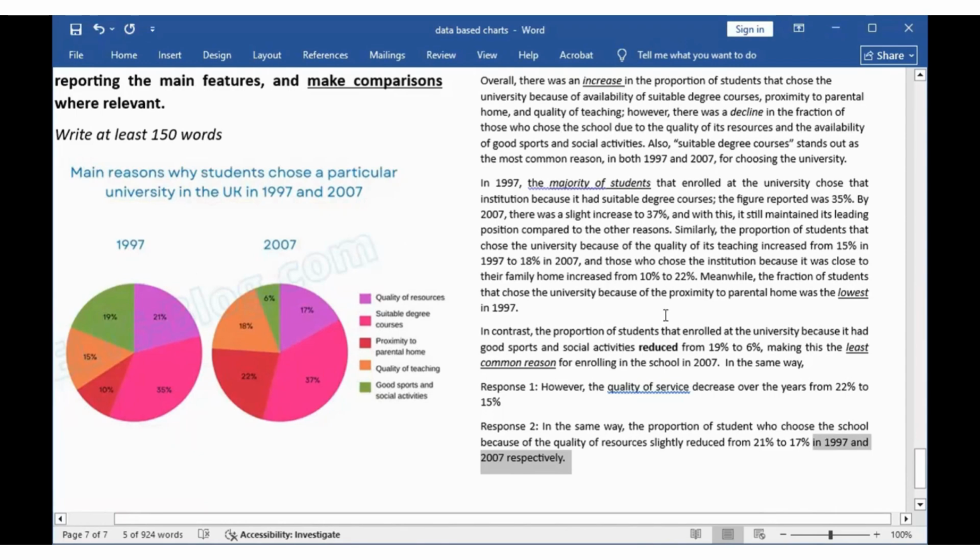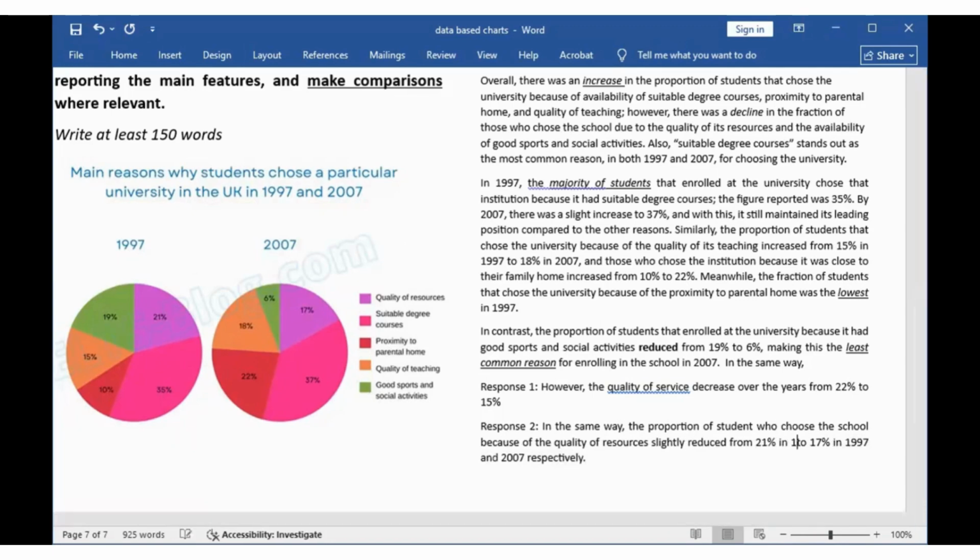But if you want to put it, this is how to put it. What you should say is: reduced from 21% in 1997 to 17% in 2007. This is how you write it. Hope you understand.